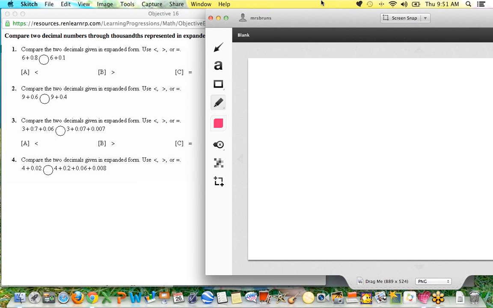There we go. Number 1 says, compare the two decimals given in expanded form. So they are looking at decimals here in expanded form. It looks like we have to actually do a little bit of a problem before we can figure it out. So it reads 6 plus 8 hundredths.